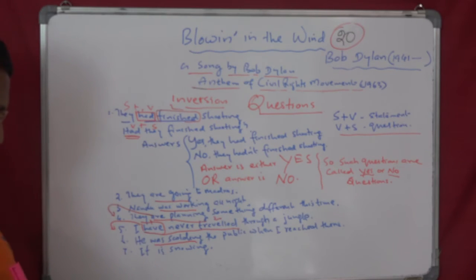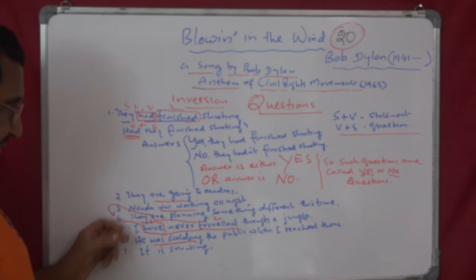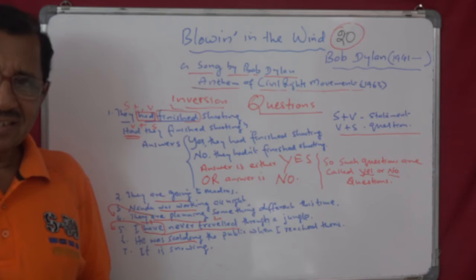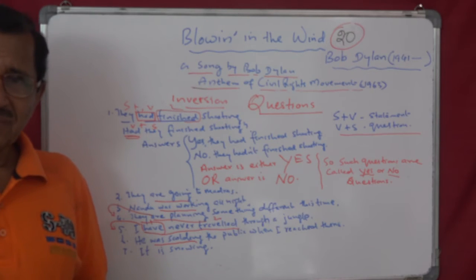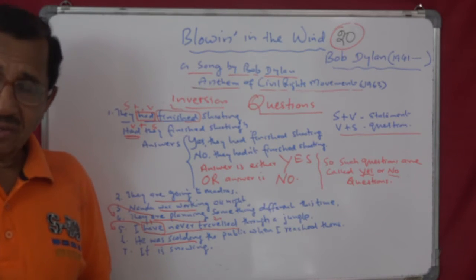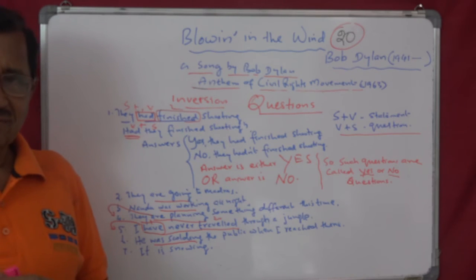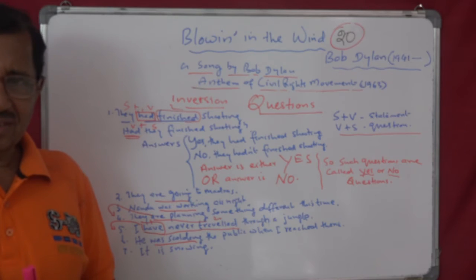Listen. Have you ever traveled through, etc.? Answer is yes, I have traveled. Or the next possibility is no, I haven't traveled. No, I have never traveled.